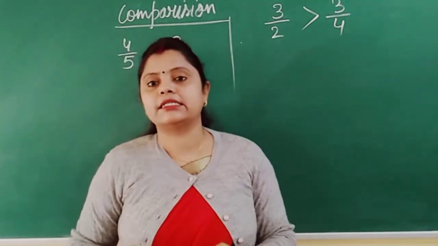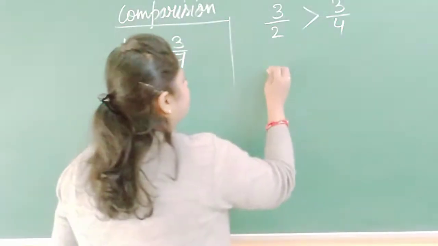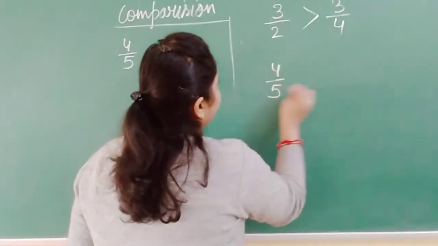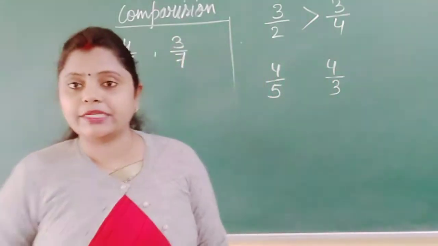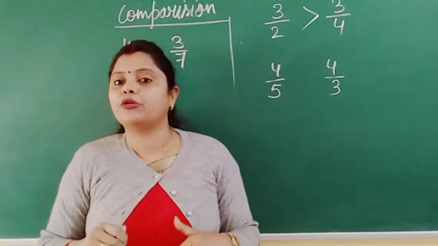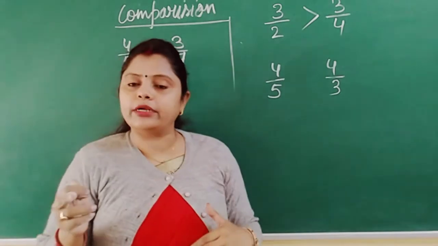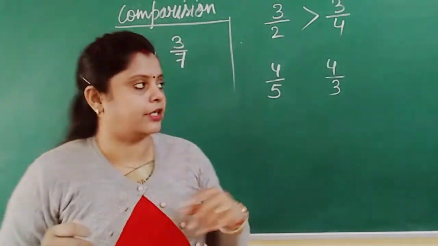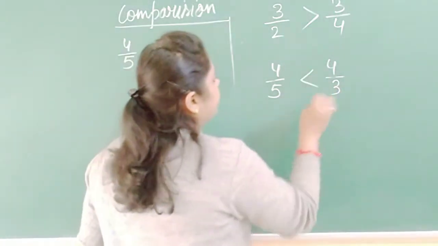Similarly, let us take one more example. If I write 4 by 5 and 4 by 3, which one is greater? Both numerators are same, so the smaller denominator gives the greater fraction. So here 4 by 3 is greater.